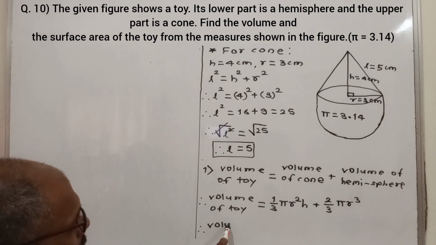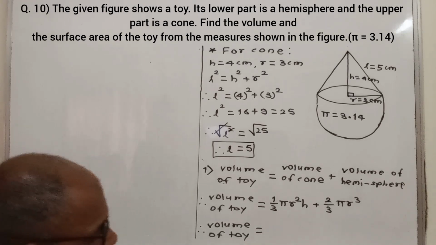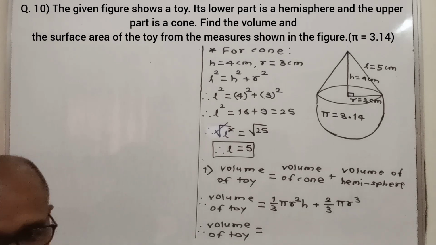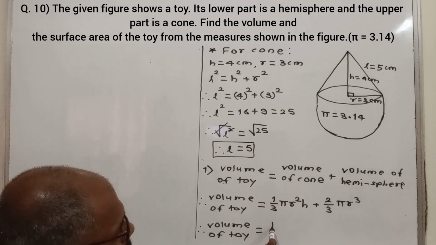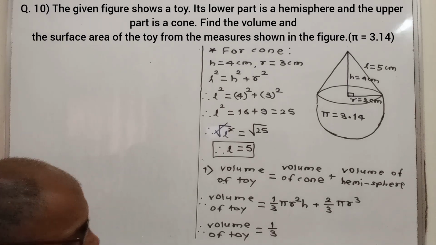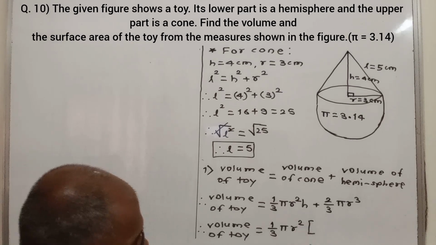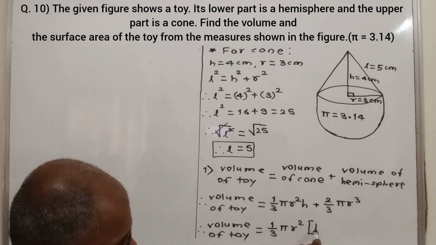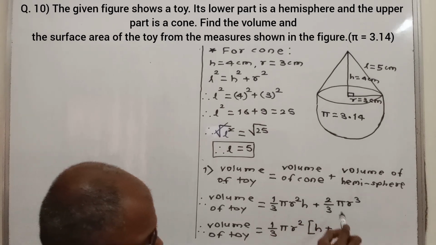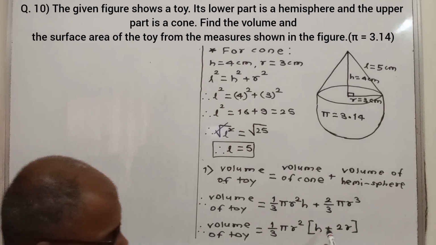Therefore, volume of toy is equal to, see here, we take pi r square and 1 upon 3 common. From this 1 upon 3 pi r square we take common, then what is left here? h plus 2r.